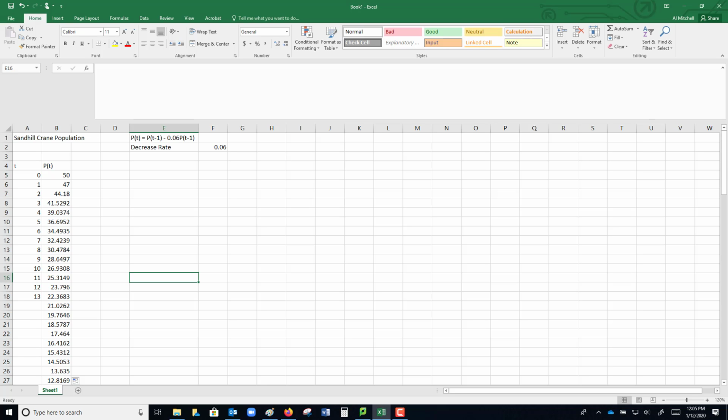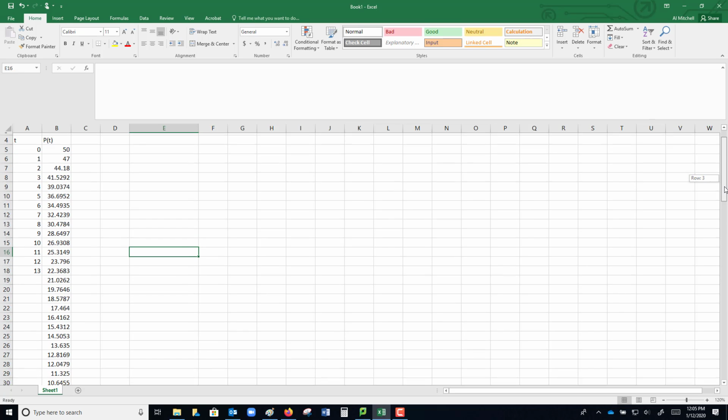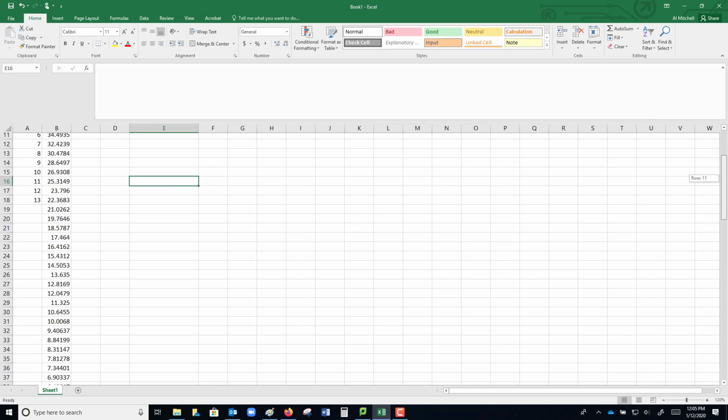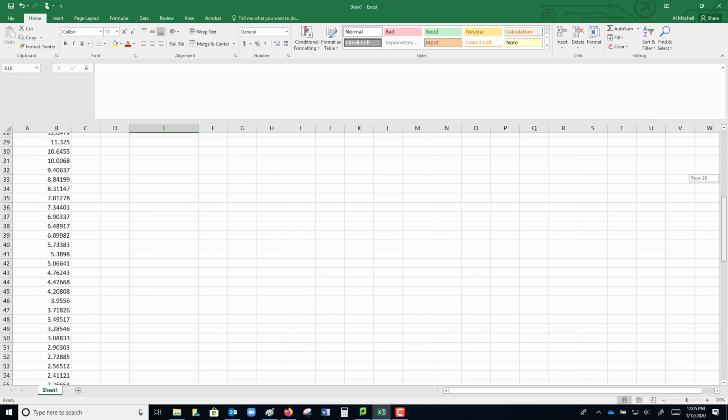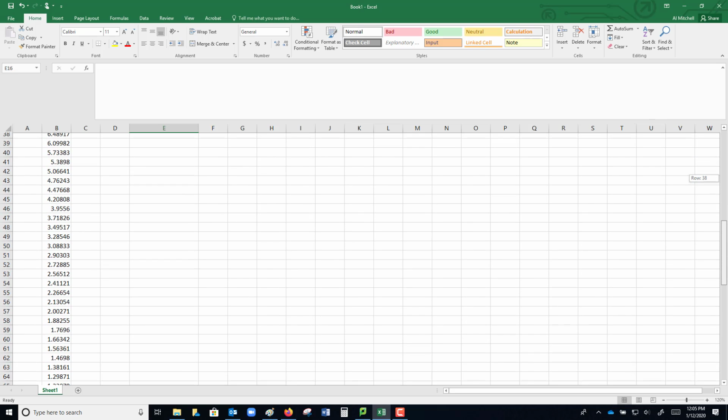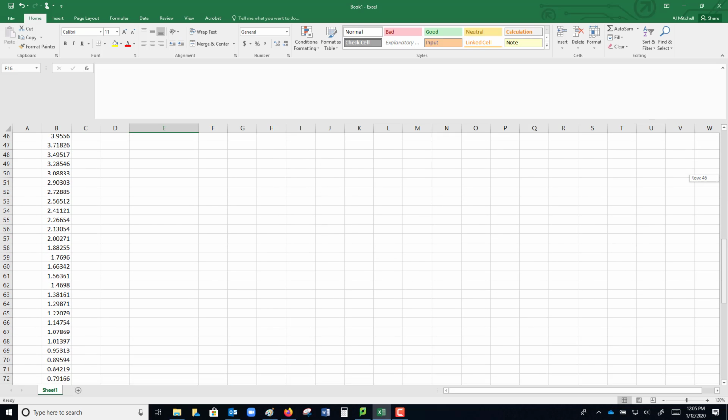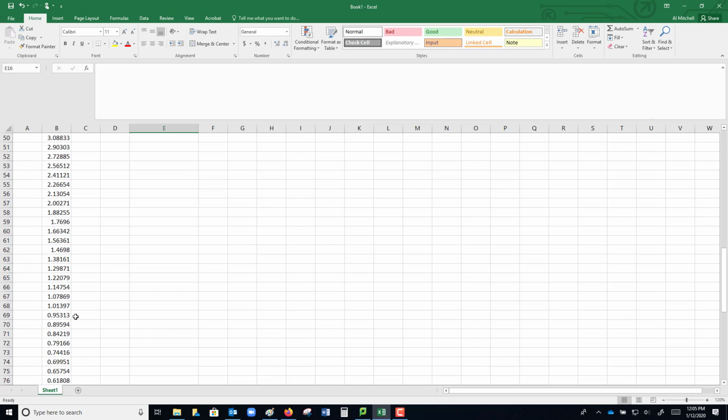A key thing that the book notes is that the population technically in this model will never reach 0. With a constant percentage decrease, 0 is actually known as an asymptote. We get really close to it, but we don't actually reach the value. So your book just estimates that getting below a population of 1 is enough. That's basically the idea of a population being 0 in this model.